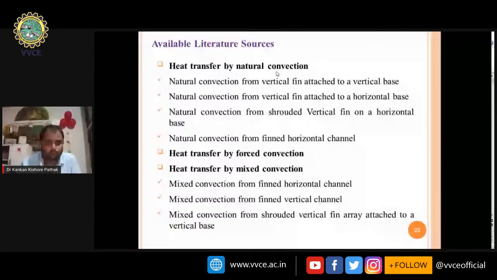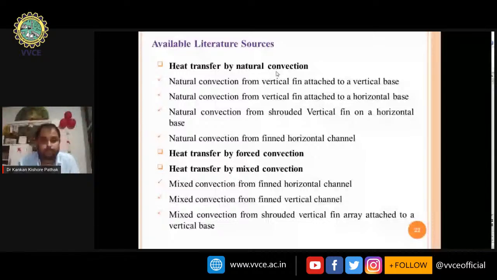If it is natural convection, then we need to say whether it is from a vertical fin or a horizontal fin. So we have natural convection from vertical fin attached to a vertical base, convection from vertical fin attached to a horizontal base, and natural convection from fin in a horizontal channel.